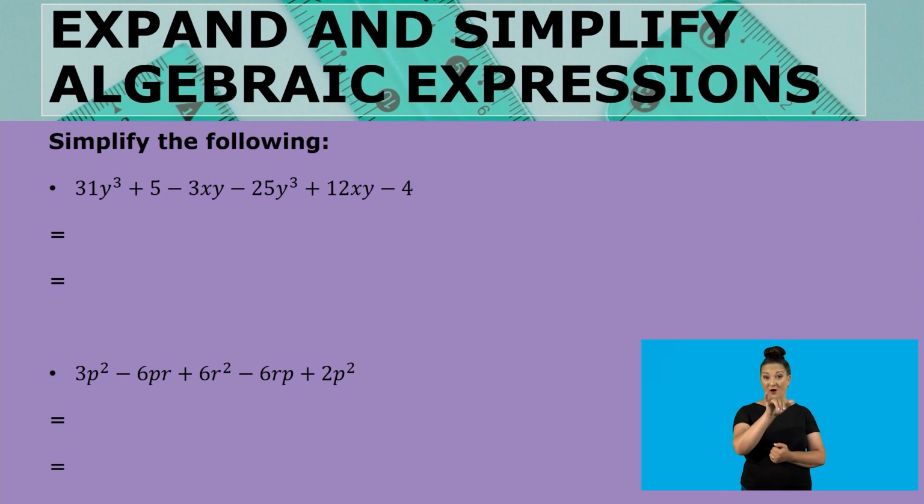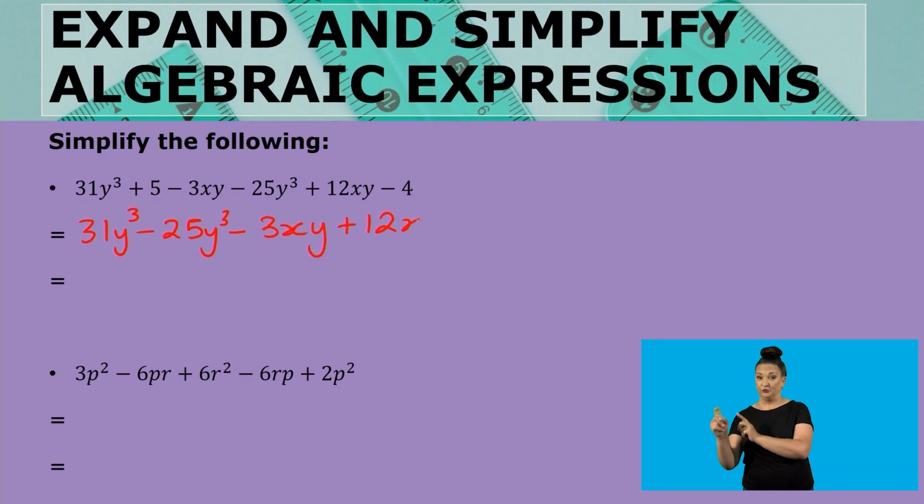We have 31y cubed plus 5 minus 3xy minus 25y cubed plus 12xy minus 4. Again, here we had already identified the like terms. We said that 31y cubed and 25y cubed were like terms. Then we also have the 3xy with the 12xy.